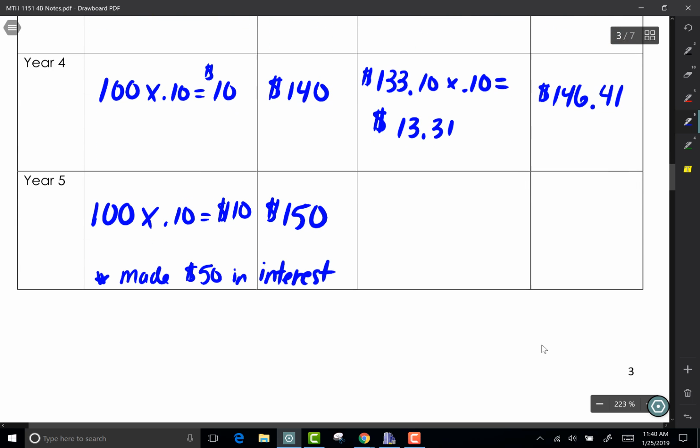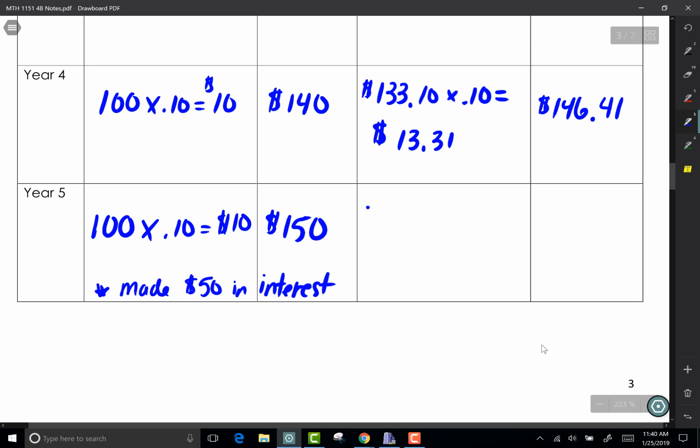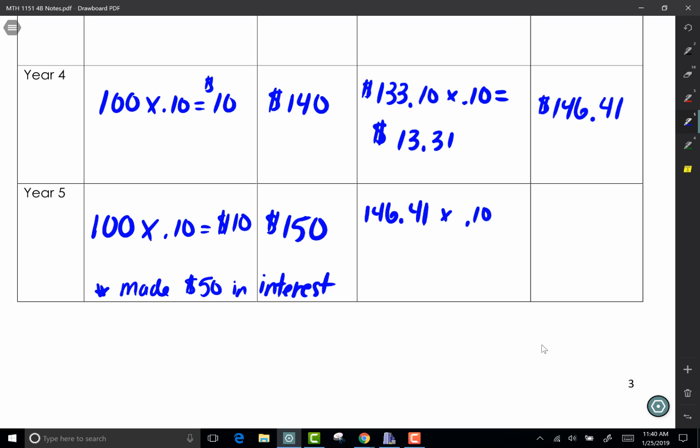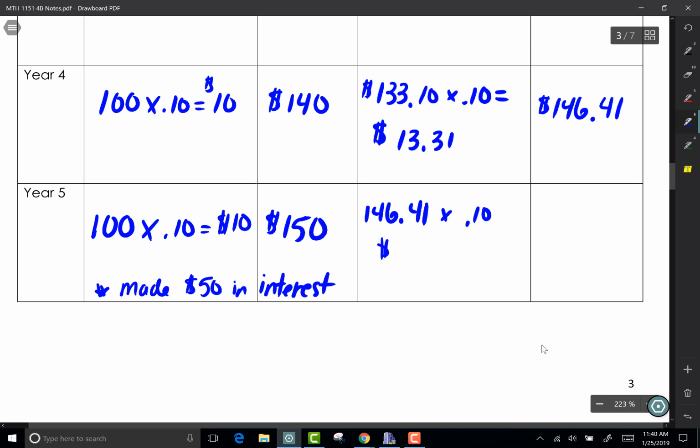Okay, and for my last year, I'm going to take 146.41 and multiply it by 10%. Find my 10% interest. I'm going to get 14.641, but since we're talking about dollars and cents, let's round it to $14.64.